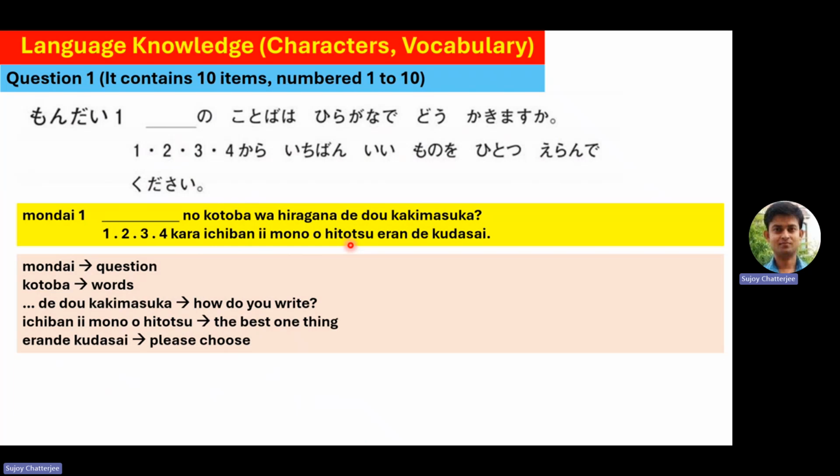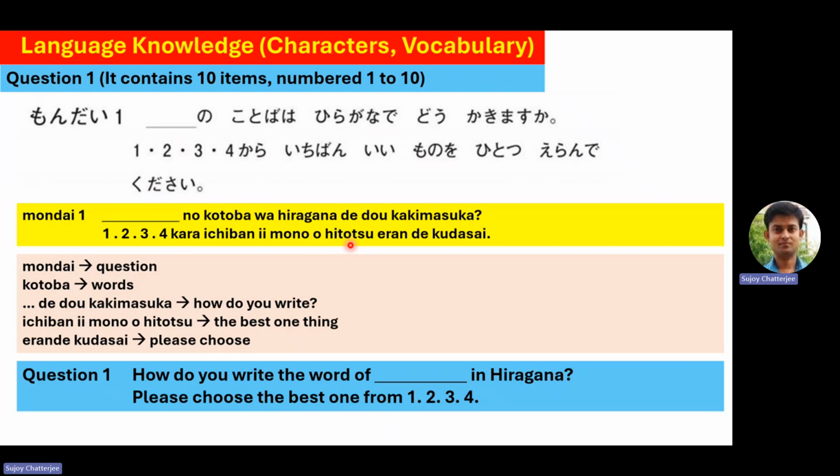So the overall question means how do you write the word of space in hiragana? That means some kanji will be written here and you have to interpret the reading of that. So dash no kotoba means the word written in the dash, kotoba is word. Hiragana de do kakimasu ka?